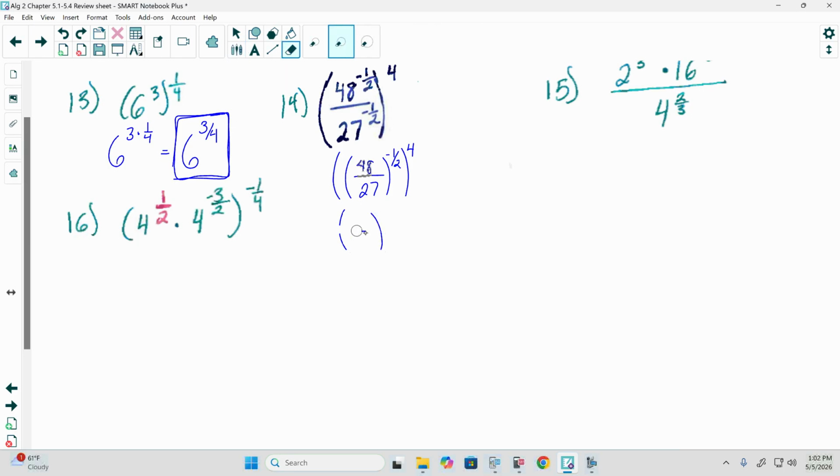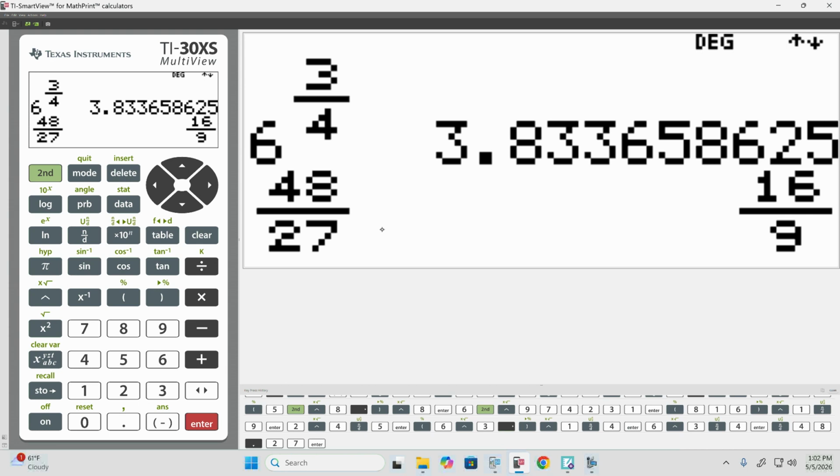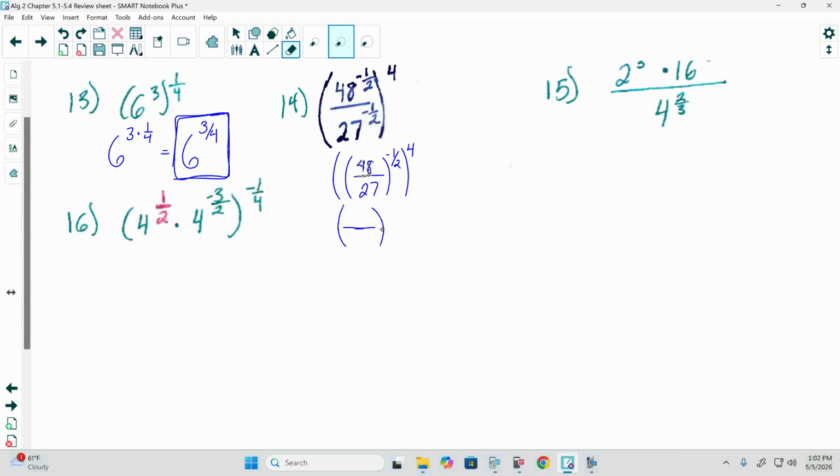At this point here, I'm going to do two things at once. One, because you don't have a whole lot of space on the paper, and two, it's not a huge step. Because one of the things we saw already is 48 over 27 is 16/9. Also, powers of powers multiply.